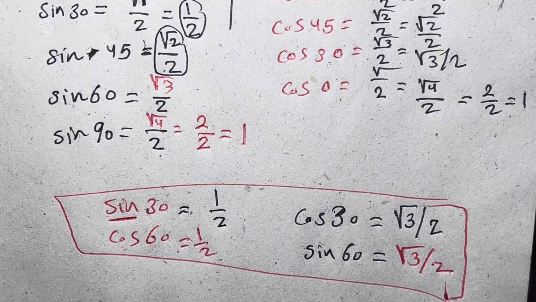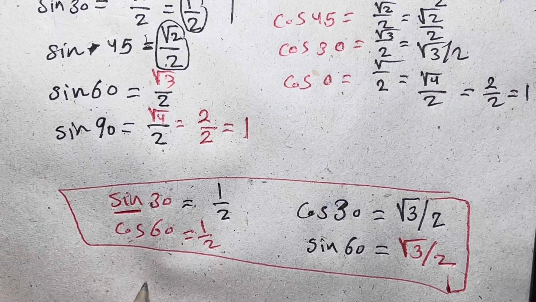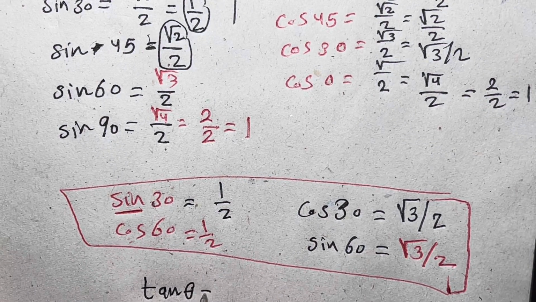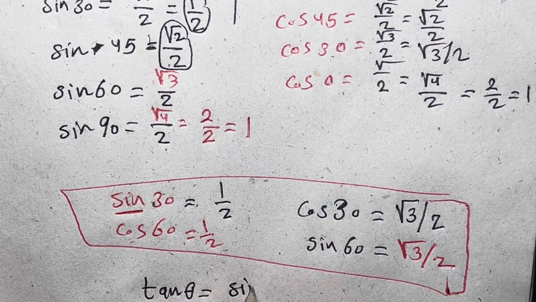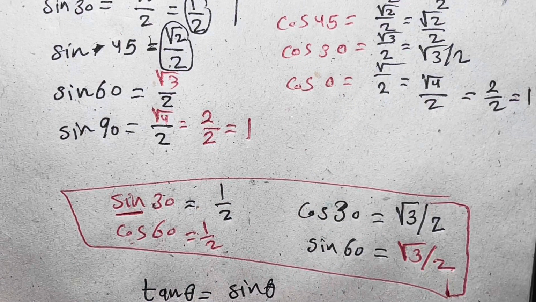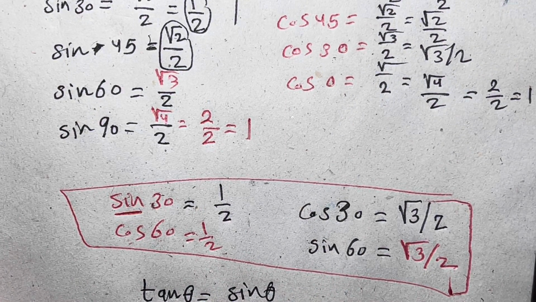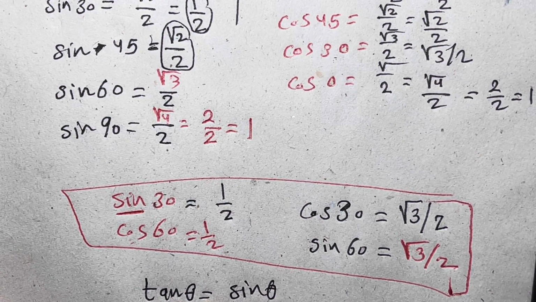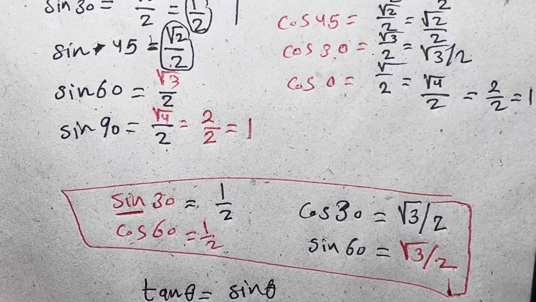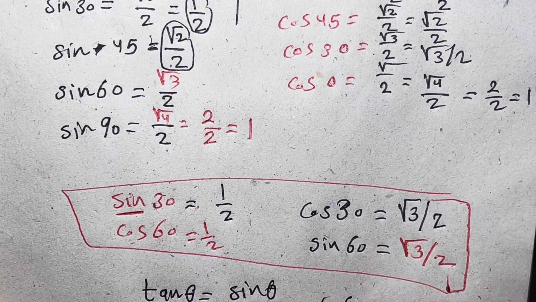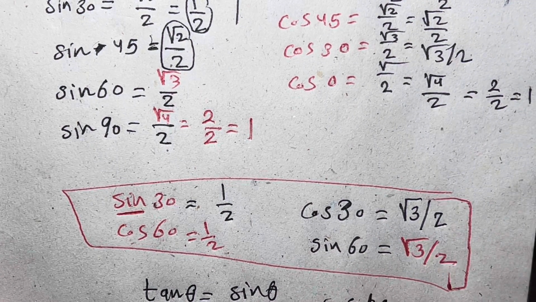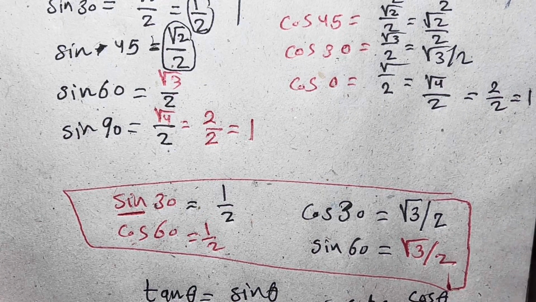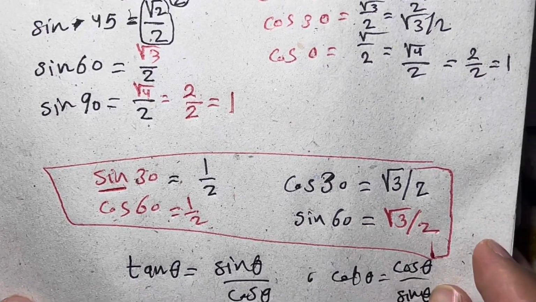And to remind you, tan theta equals sine theta over cosine theta, and secant theta equals 1 over cosine theta, and cotangent theta equals cosine theta over sine theta.